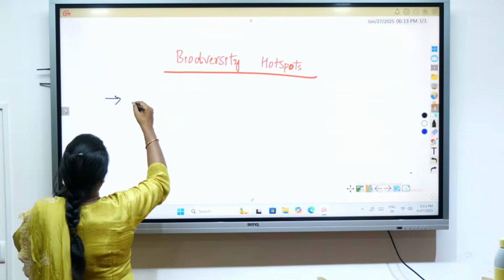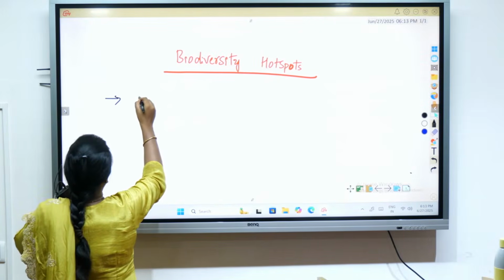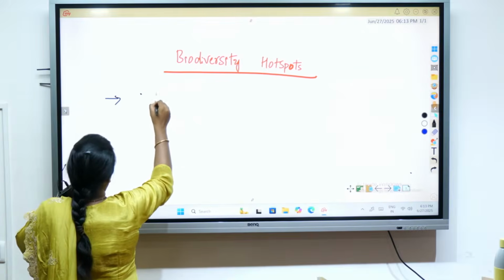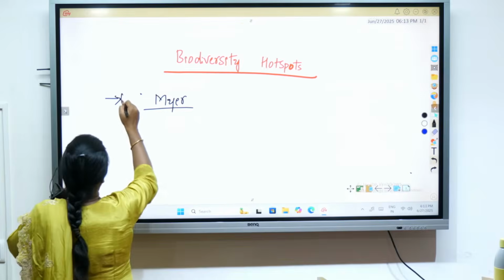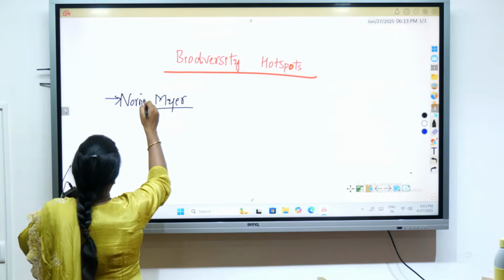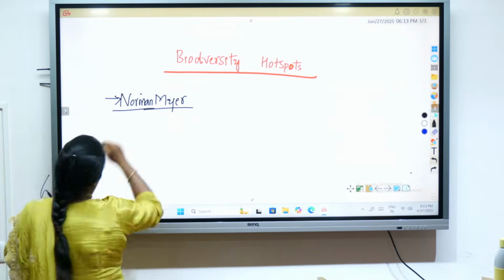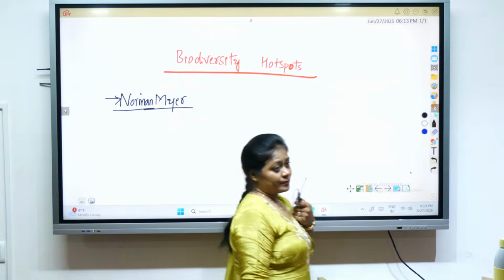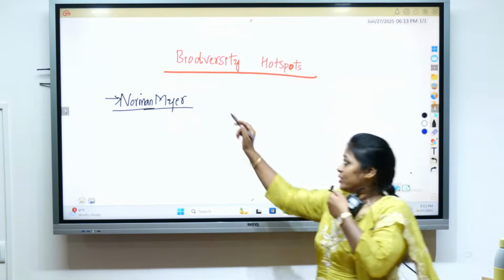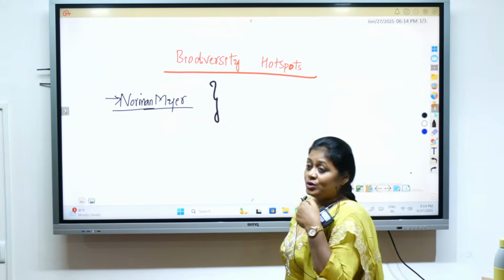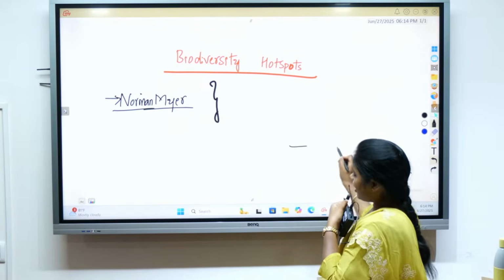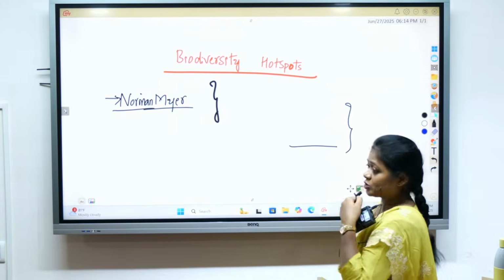Norman Myers, a British biologist and botanist, has given certain criteria to call a region a biodiversity hotspot.